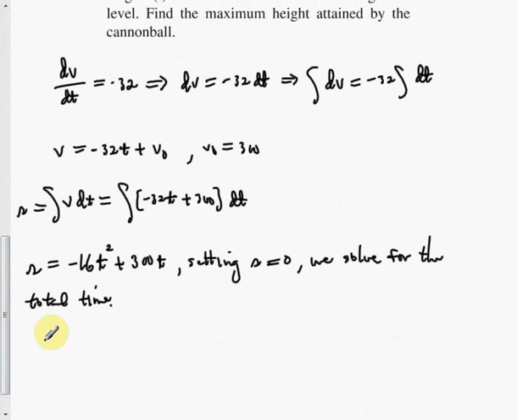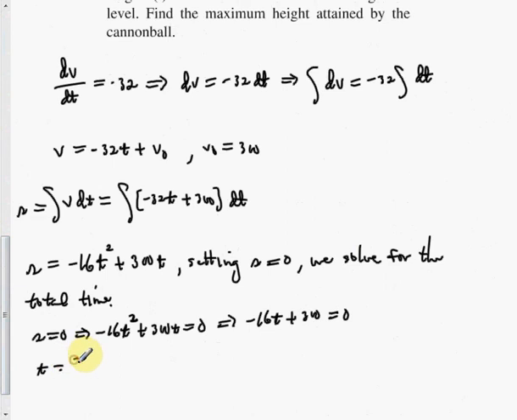So doing that, s equal to 0 implies that negative 16t squared plus 300t equal to 0. Well, we factor out the t, so we get t times negative 16t plus 300 equal to 0.